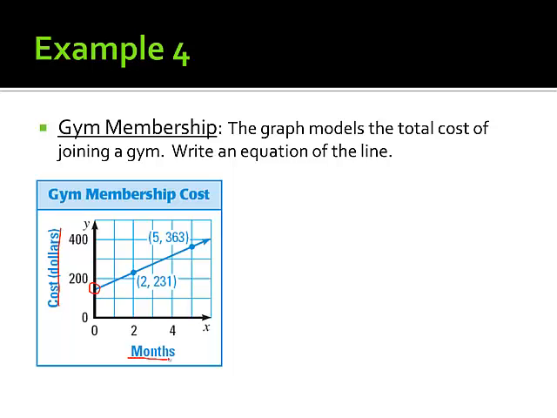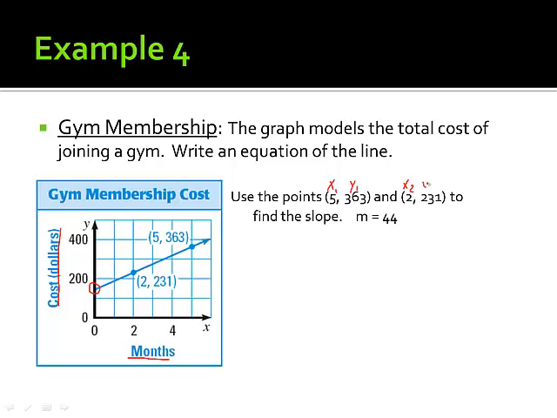Since we are given 2 points, we can take those 2 points and use them to find the slope. So change in y over change in x. Use the previous examples to make sure you have x1, y1, x2, y2. When you do that, change in y over change in x, you get m is equal to 44.